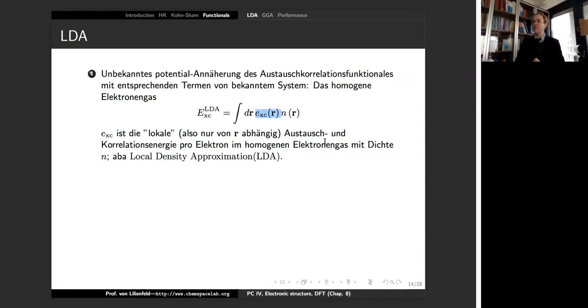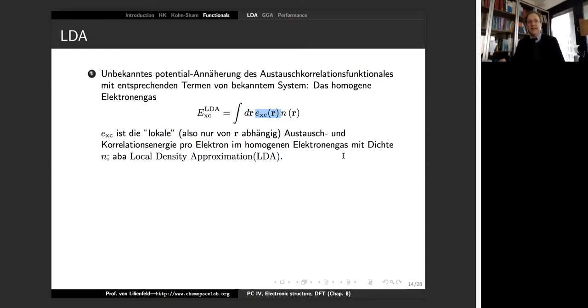Now this background potential can be constant. What are your electrons going to do? They're going to be constant too. And that's what we call the homogeneous electron gas. So the electron density in the homogeneous electron gas is just a constant. It does not depend on where you are, right?